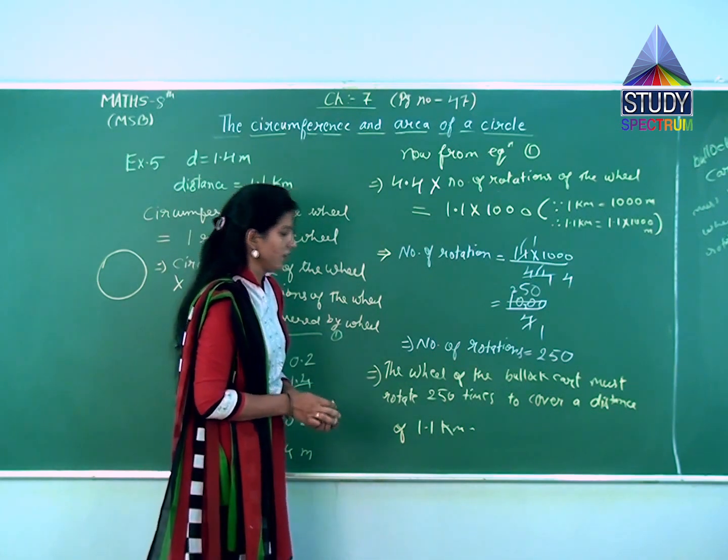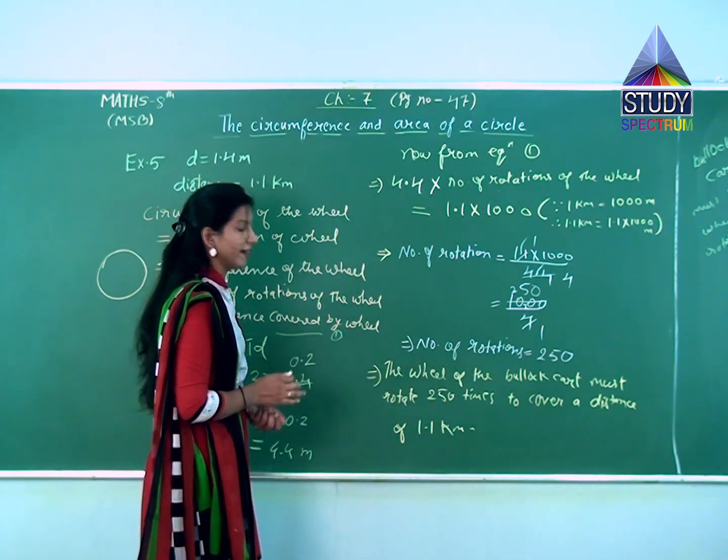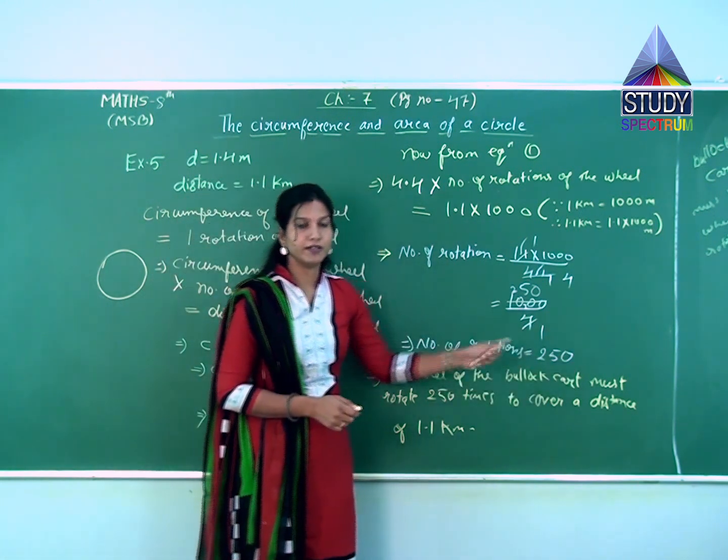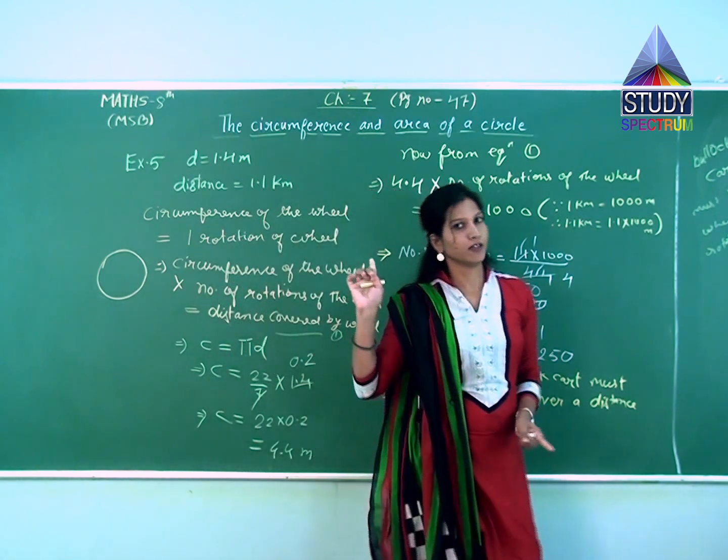What have I written? The wheel of the bullock cart must rotate 250 times to cover a distance of 1.1 kilometer.